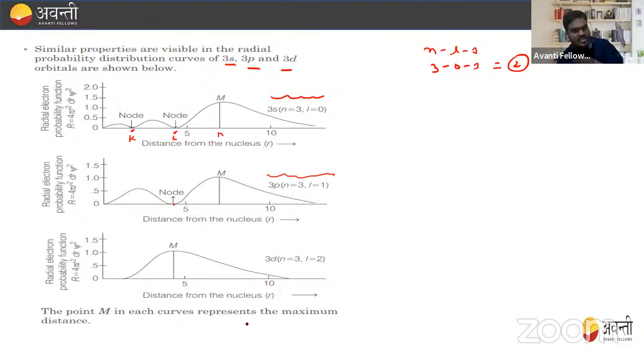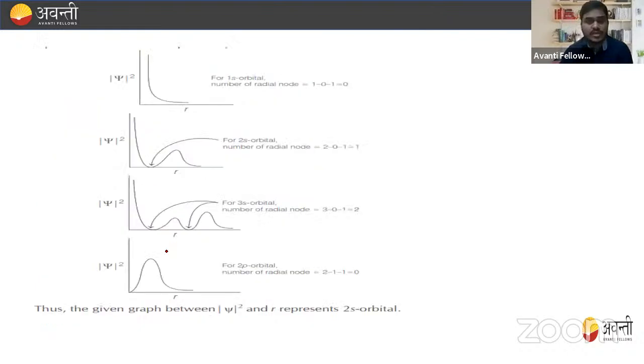So the point M in each curve represents the maximum distance. What is the maximum distance? That is the maximum distance from the nucleus. Here the distance is 0. Here the distance increases. This is the M. So this represents the maximum distance from the nucleus.